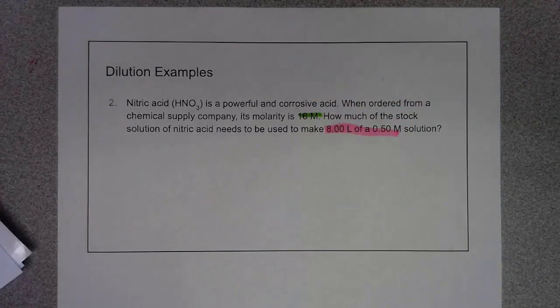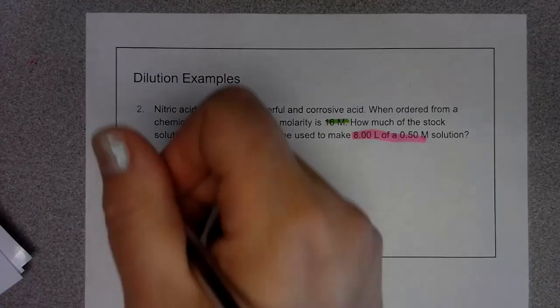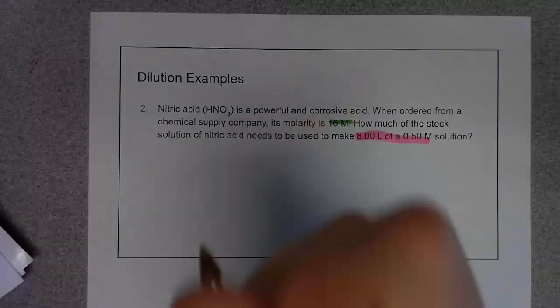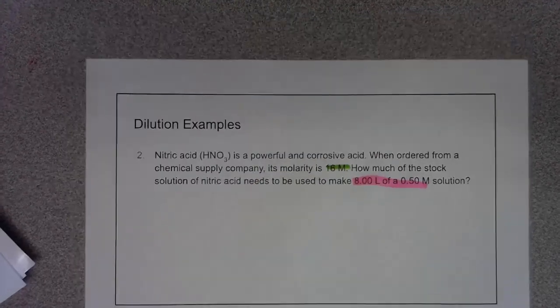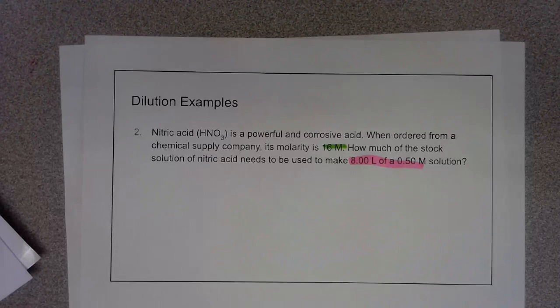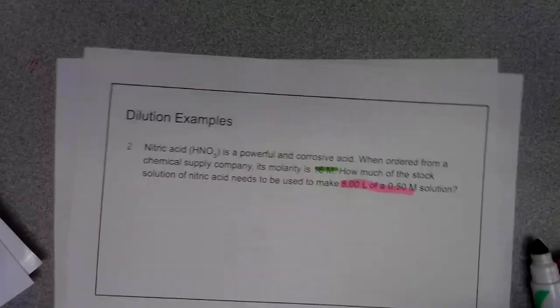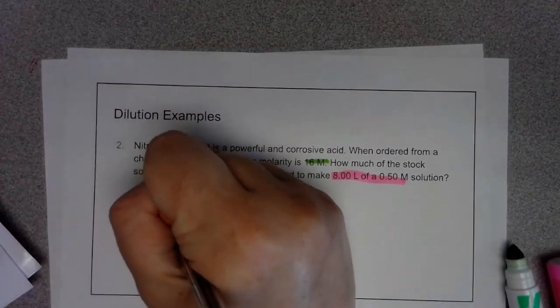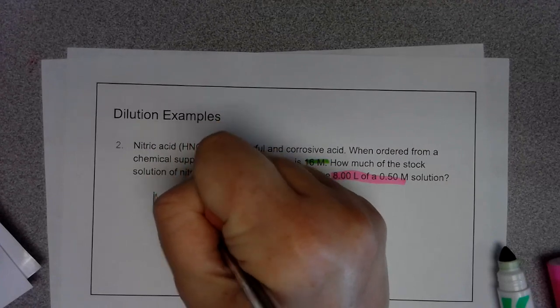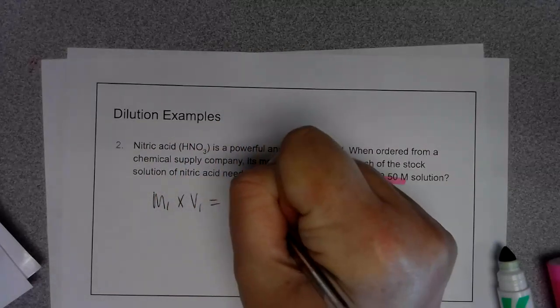Well, I told you I was doing my ones in green and my twos in pink, and I guess I switched this time. That's okay. So again, M1 times V1 equals M2 times V2.